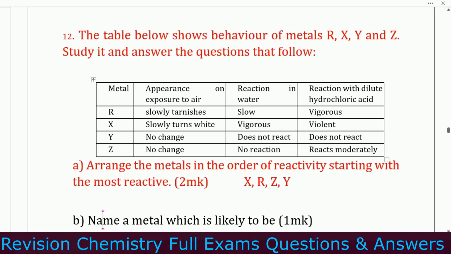On the table you are told their appearance on exposure to air, how they react when exposed to oxygen, how they react with water, and lastly how they react with dilute hydrochloric acid.